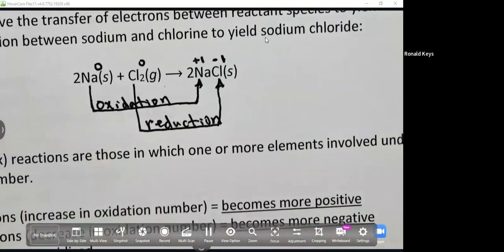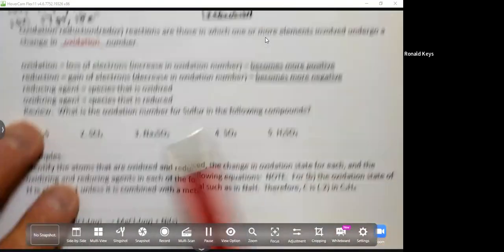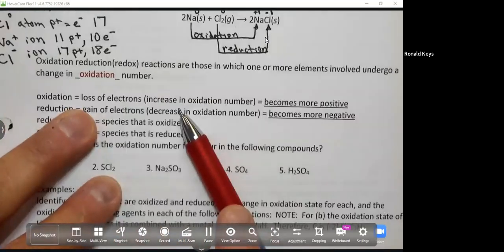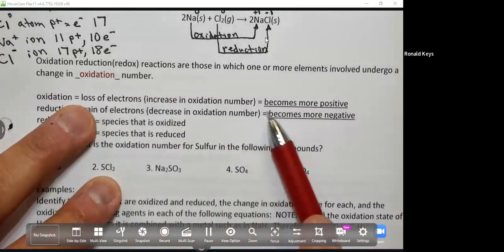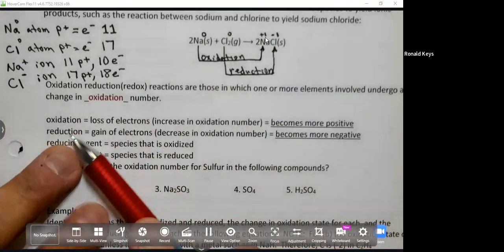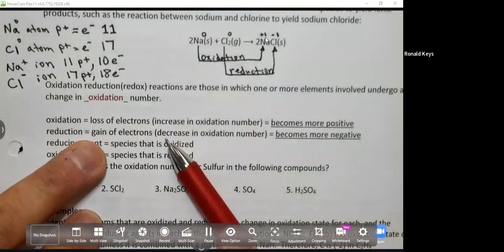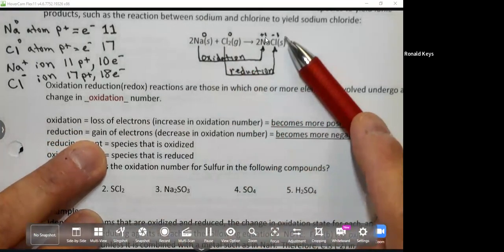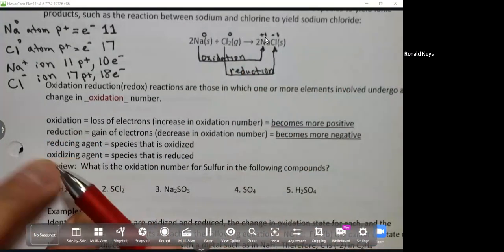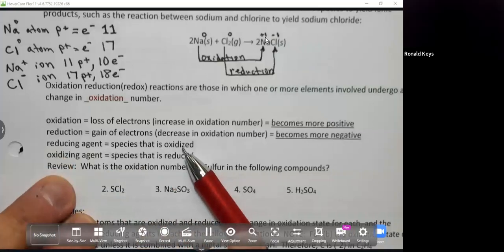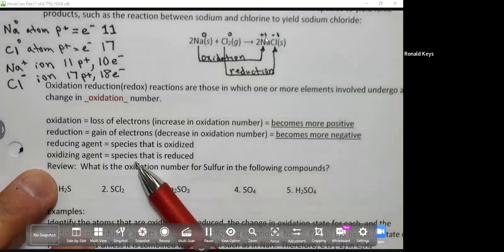Then they use these terms. Check this out. Oxidation is the loss of electrons. If you lose electrons, it's going to become more positive. What's undergoing oxidation? Sodium. It's becoming more positive. Reduction is the gain of electrons, a decrease in oxidation number; it becomes more negative. Then we use the term reducing agent, which is the species that is oxidized, and the oxidizing agent is the species that is reduced.